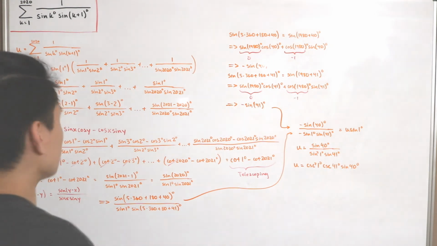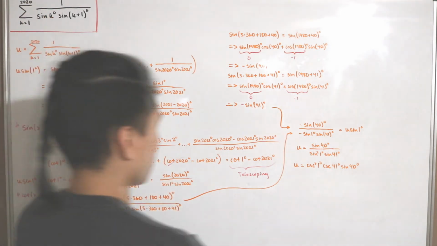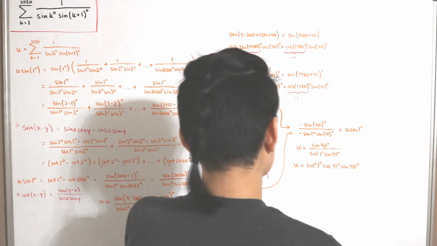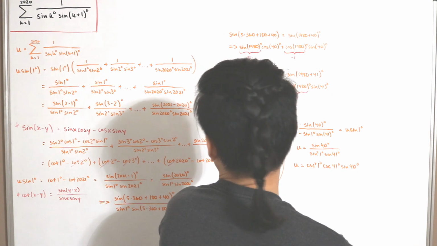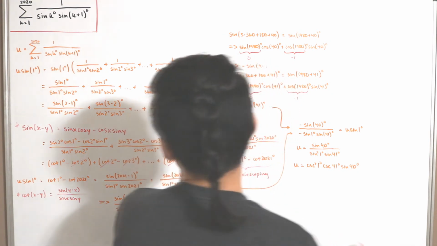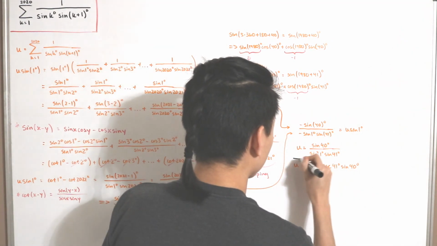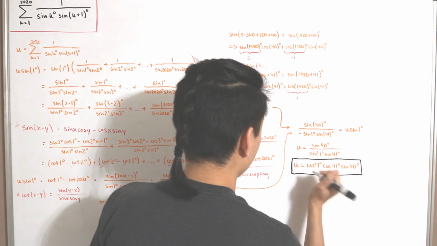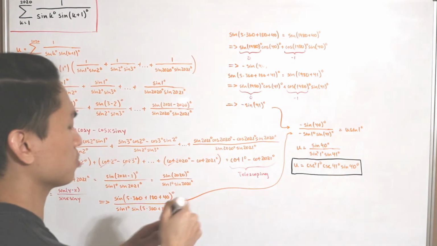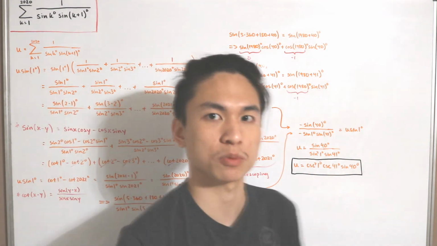So the conclusion is that u, our given partial sum from 1 to 2020 of 1 divided by sine of k degrees multiplied by sine of k plus 1 degrees, is simply equal to cosecant squared of 1 degree multiplied by cosecant of 41 degrees multiplied by sine of 40 degrees. All right, now that's pretty cool if you ask me.